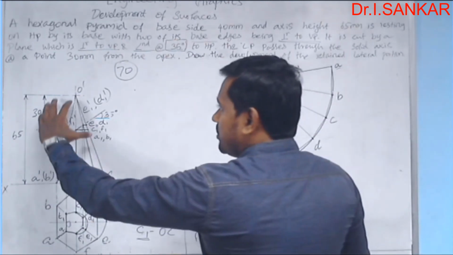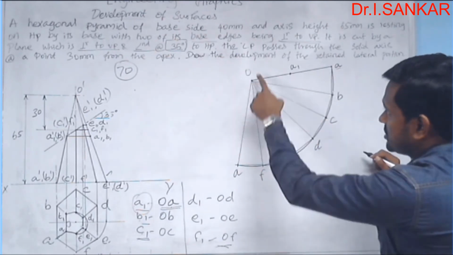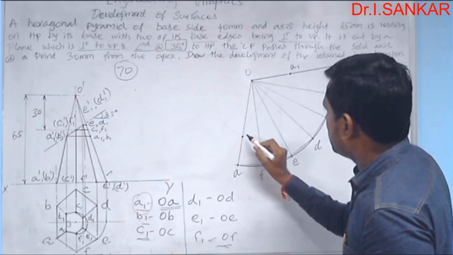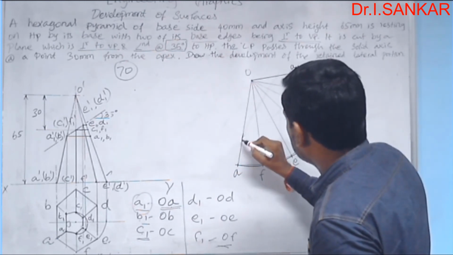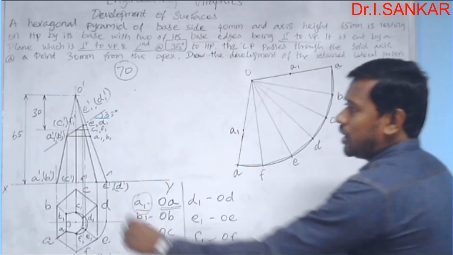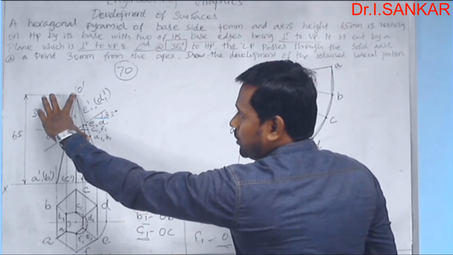The same way, measure O. You see, OA is in two places. So in both places you have to mark A1. Then B1. How far is B1 located from O dash?